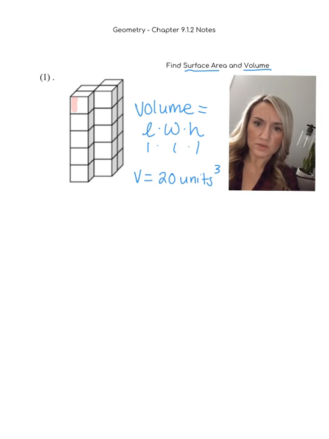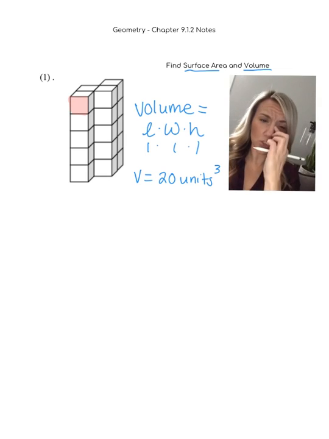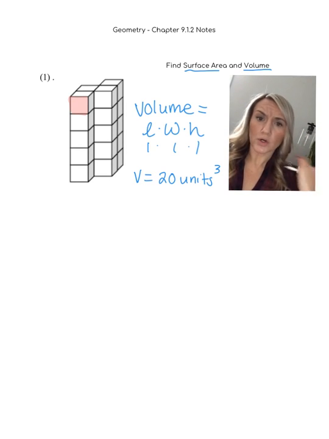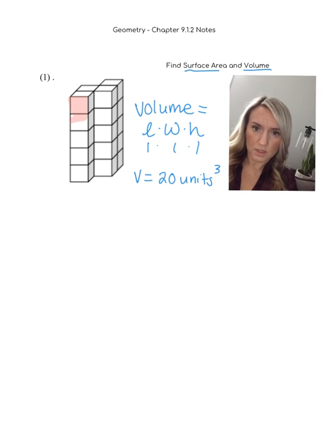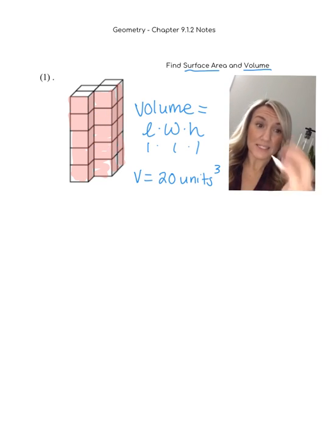Like this face right here, if I were to find the area, I want you to think two-dimensional, it's just a square, so the area would just be 1 by 1, so that area is 1. Then this would be a surface area of 2, 3, 4, 5. And so all of these would be 10, 15, 20, 25. So everything that I see right now is 25.